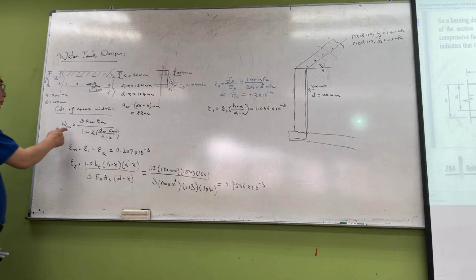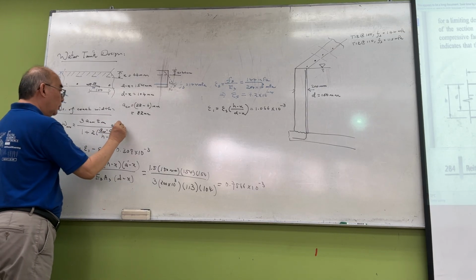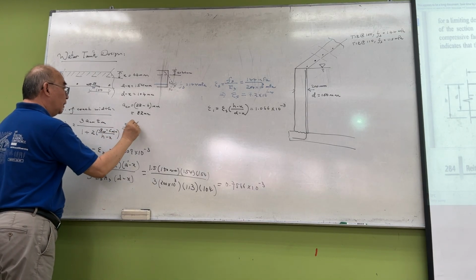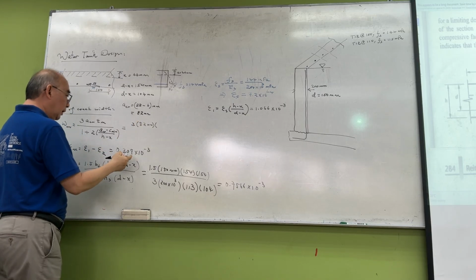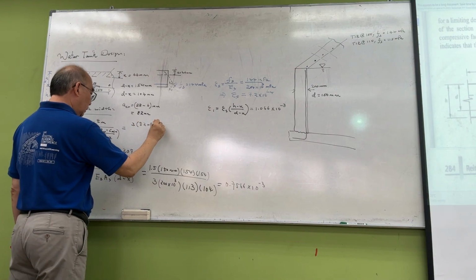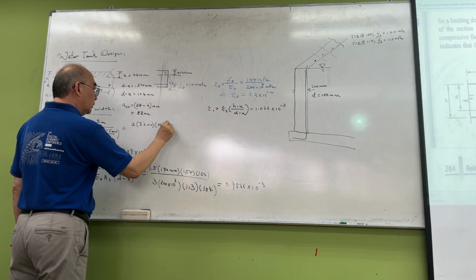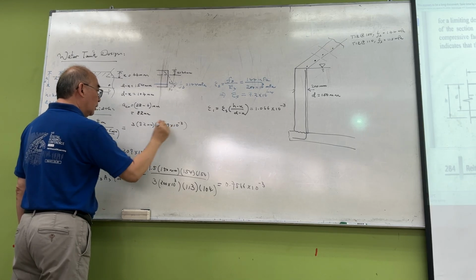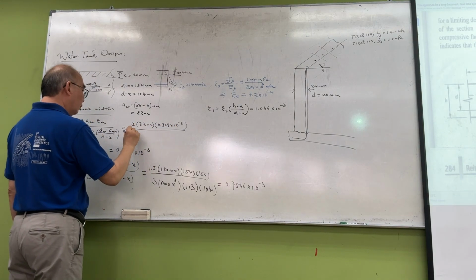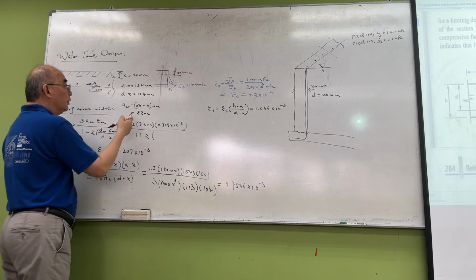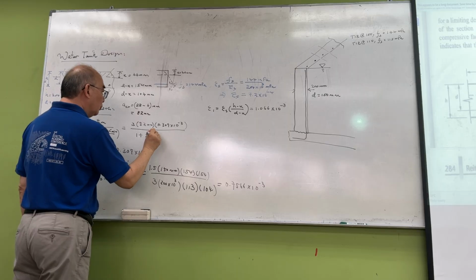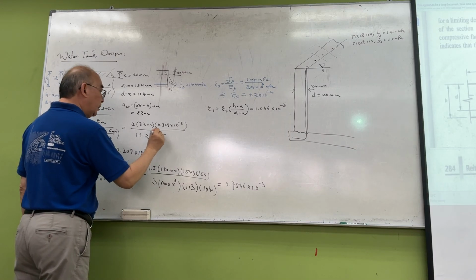Okay, so now our maximum crack width is 3 times a crack, which is 82 millimeter, and epsilon is 0.309 times 10 to the negative 3, and then I have 1 plus 2 times (a crack, 82, minus c min).